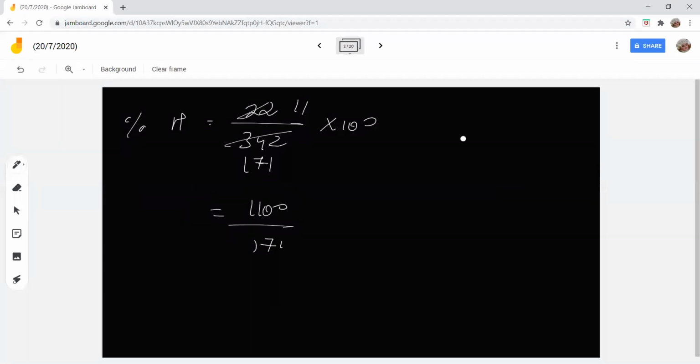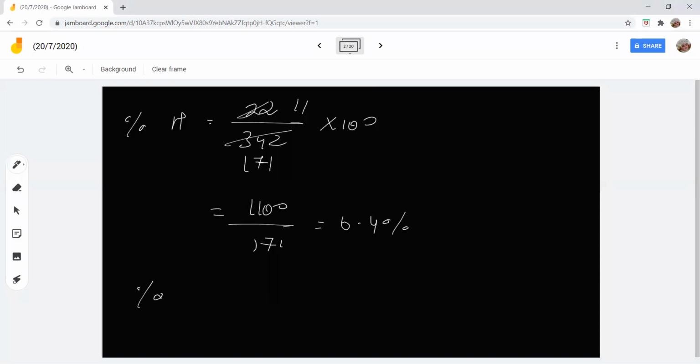What is the percentage value that you are getting here? Calculate and tell me. You must be getting around 6.4 percent.